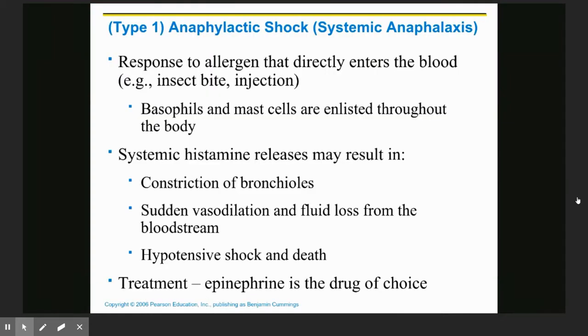But there's another kind of anaphylaxis, and this is called anaphylactic shock or systemic anaphylaxis. Systemic anaphylaxis or anaphylactic shock can kill you. It works exactly the same way as local, but the problem is it happens all over your body at the exact same time.